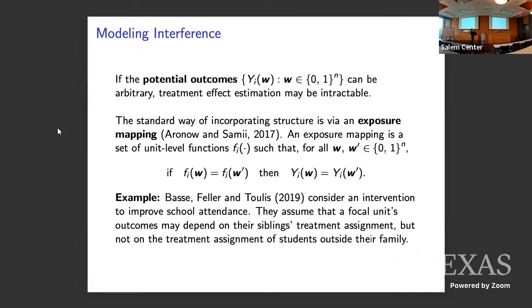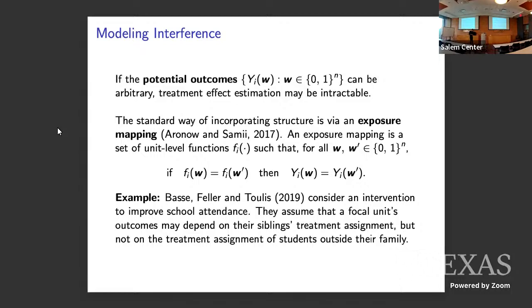For example, one standard example is the paper from Pascal and Toulis, where they looked at an intervention to improve school attendance, and they assumed that, okay, there are n people in the study, in principle you care about everyone's treatment, but actually you just care about your own treatment, your siblings' treatment assignment, and once you fix those, nothing else matters. That's a typical exposure.